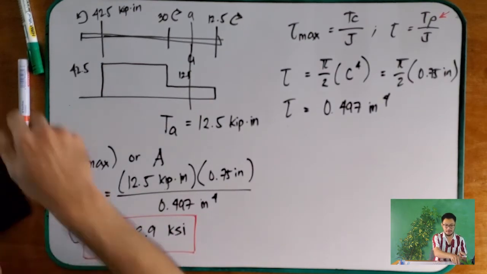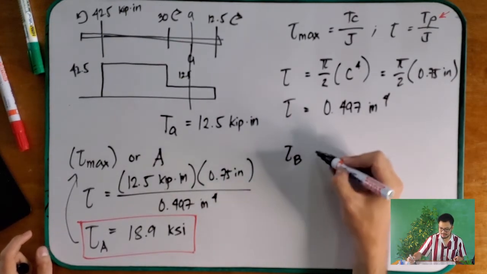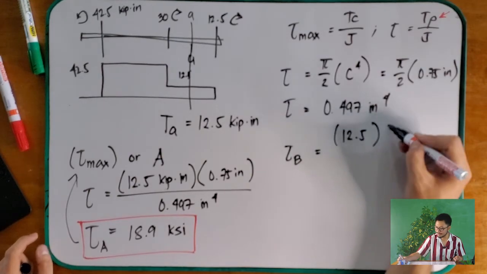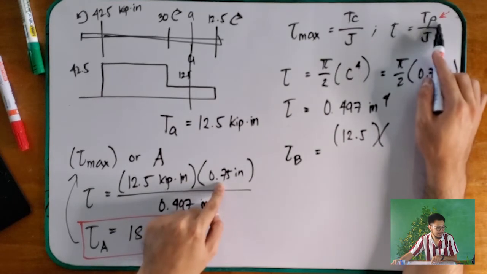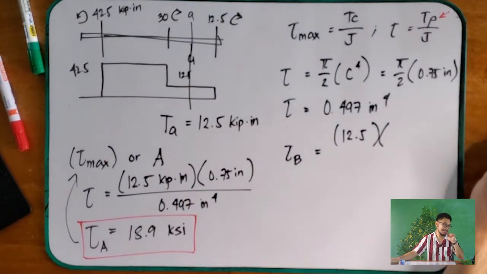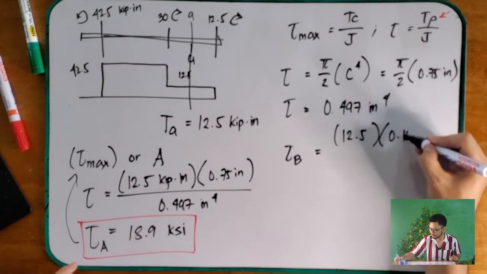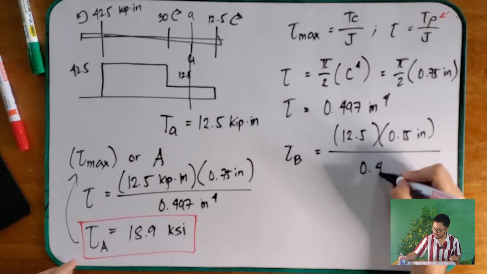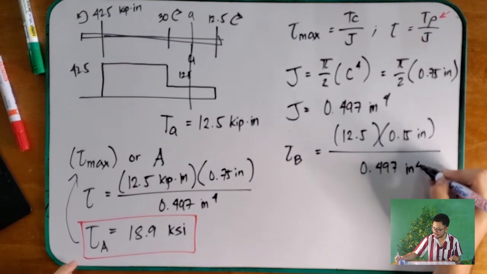And now for your B, tau B is equal to 12.5 times our C, instead of C, it is rho now. What is the distance of the element at B from the center? 0.15 inch over 0.497 inch to the 4.